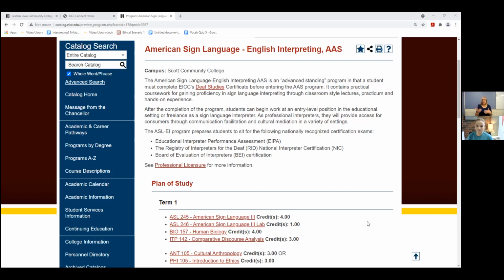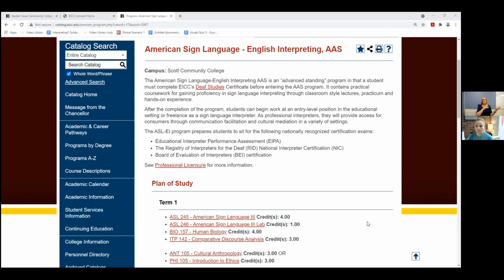If you're familiar with ASL, maybe you have a deaf friend or a deaf family member, I get a lot of questions about, hey, can I test out of an ASL class? Realistically, unless you've taken a formal college level ASL class, most of the time there is not a process to test out of our ASL classes, because we're teaching a very formal academic version of ASL that is not commonly used in the deaf community just for conversation.